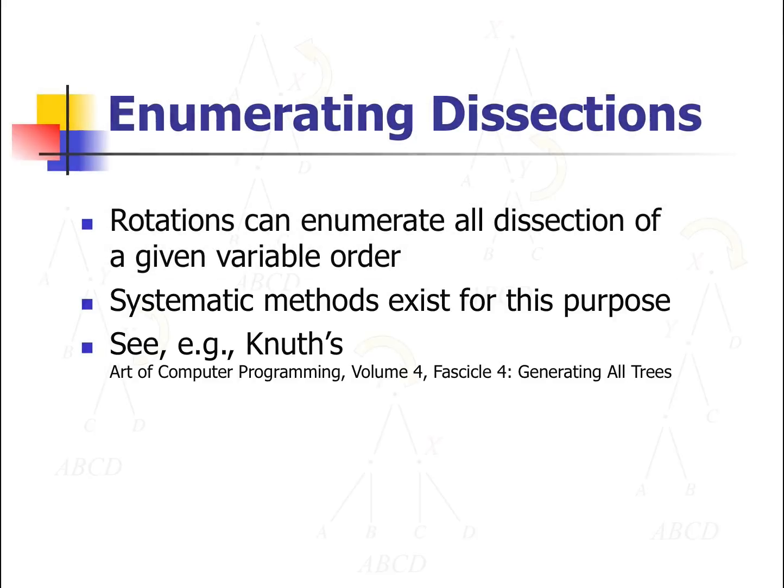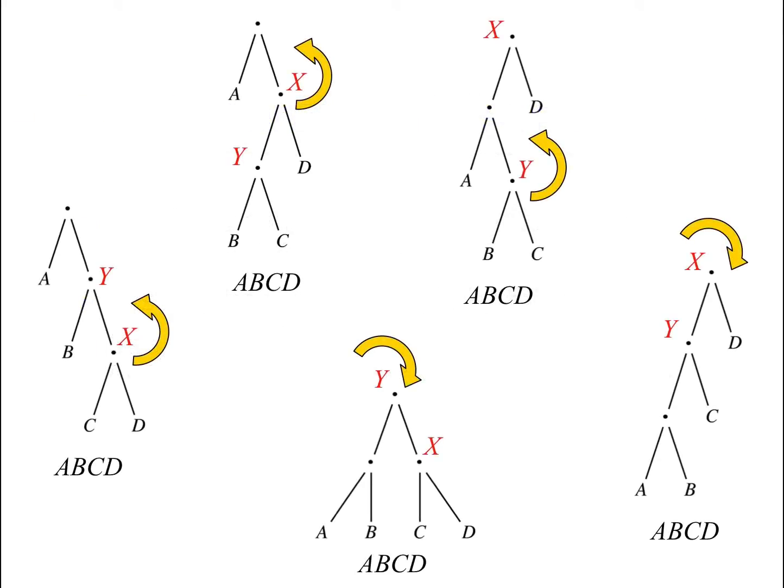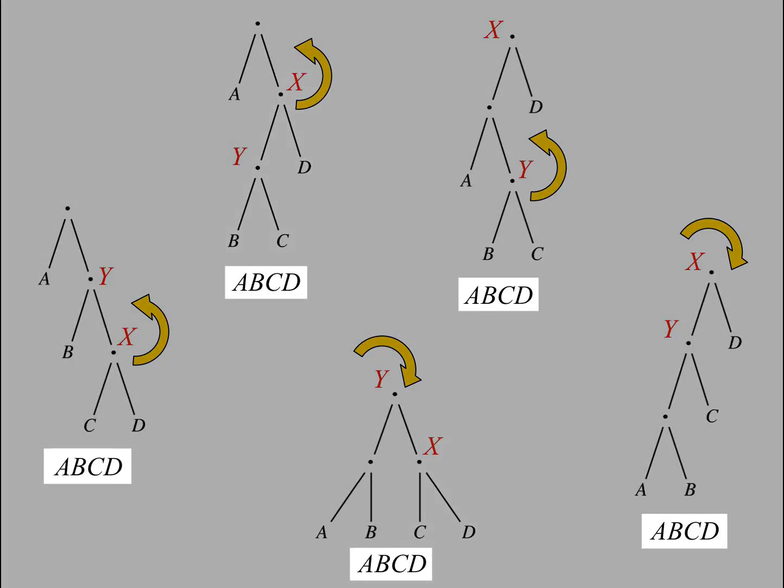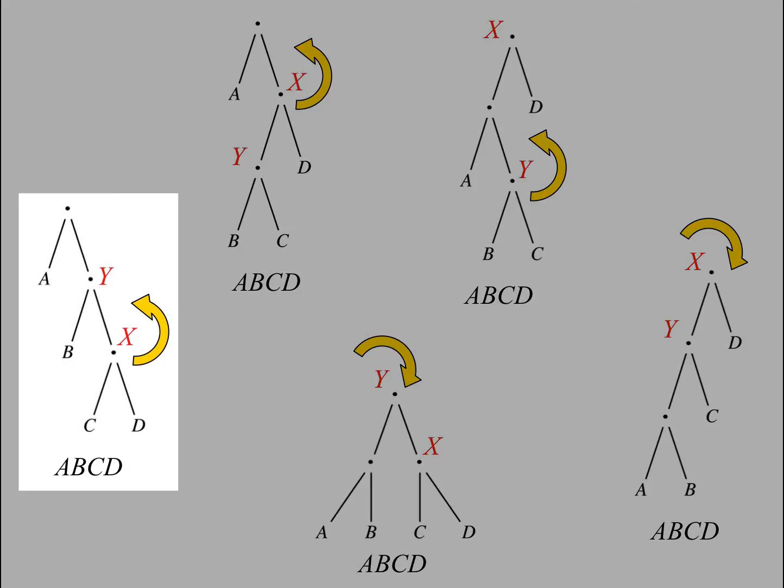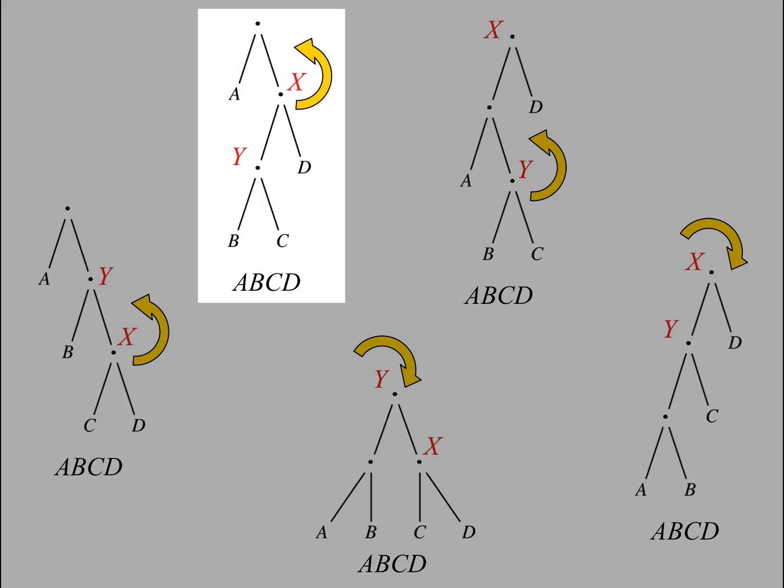And here's a concrete example to illustrate this. What we have here is a Vtree over 4 variables. The underlying variable order is A, B, C, D, and on the left, this is one particular Vtree, and now we're going to see how we can navigate the space of all 5 dissections using only rotation operations. Again, starting on the left, if we left rotate X, we get this particular Vtree.